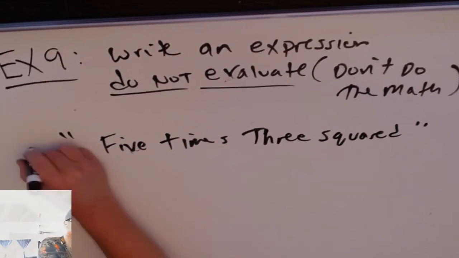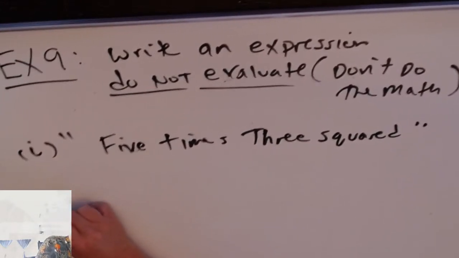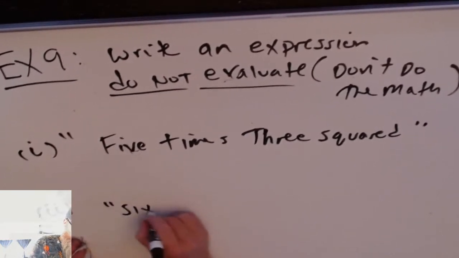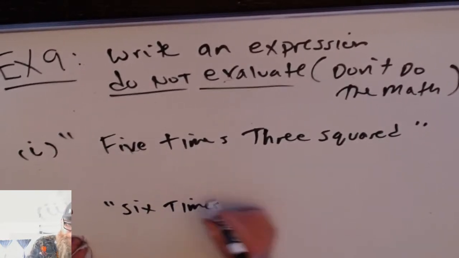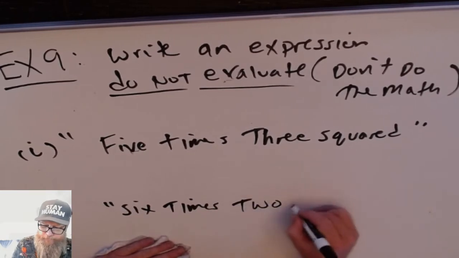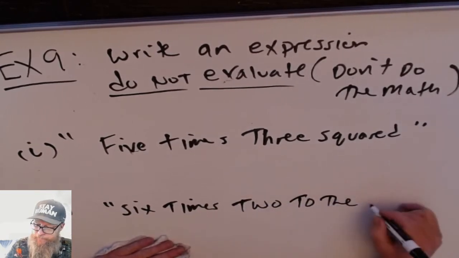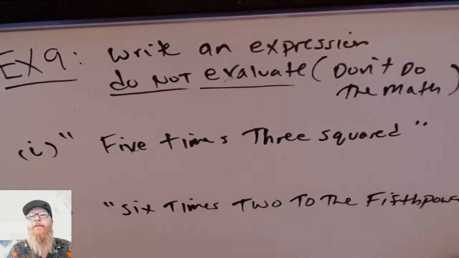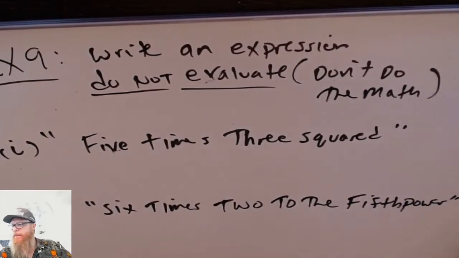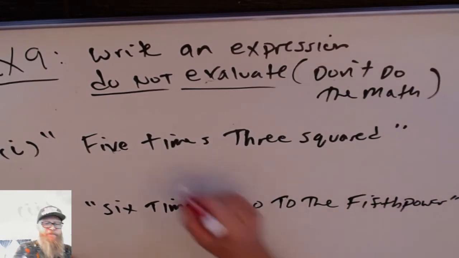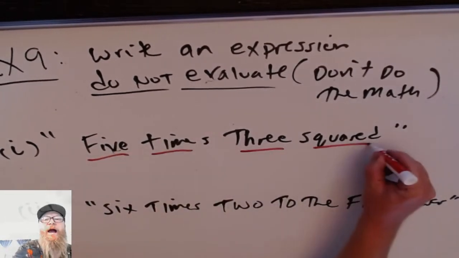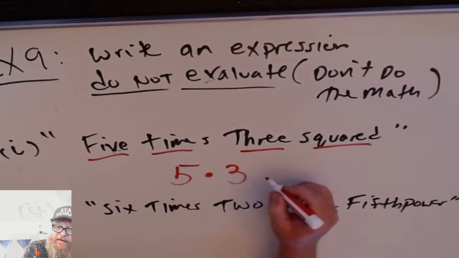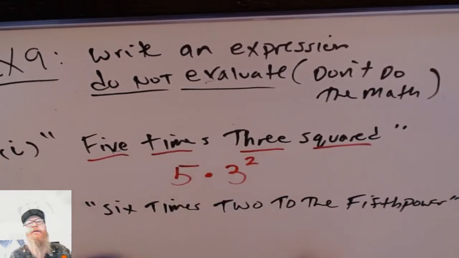Here, let's do a couple of these. All right, so what do we got? 5 times 3 squared. So 5 dot 3 squared.